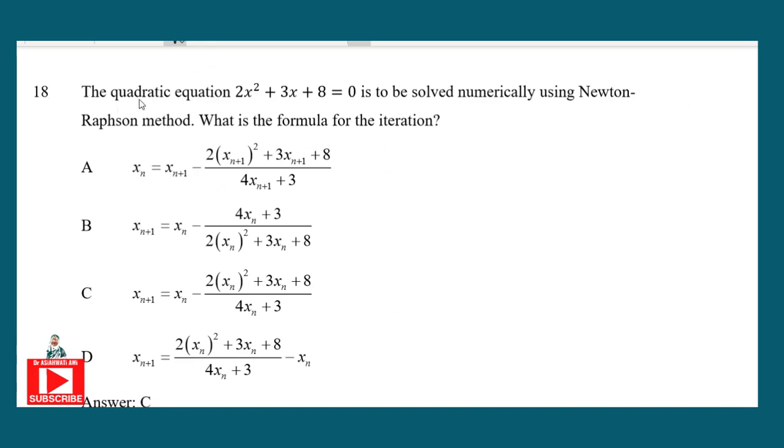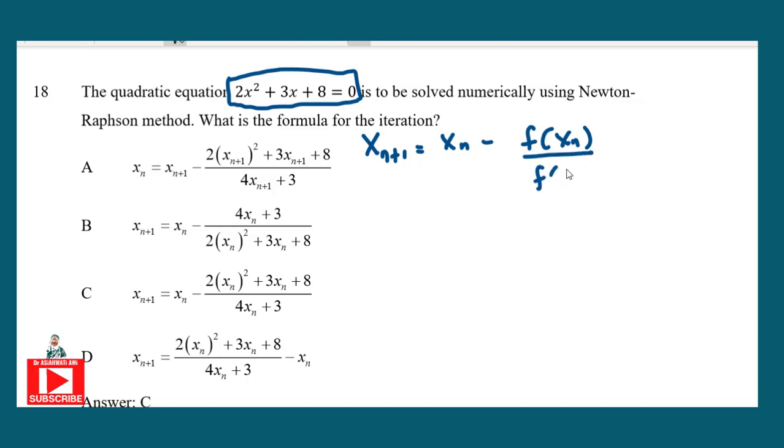Number 18. The quadratic equation 2x squared plus 3x plus 8 equals 0 is to be solved numerically using the Newton-Raphson method. What is the formula for the iteration? The formula is x(n+1) equals x(n) minus f(x_n) over f prime of x_n.